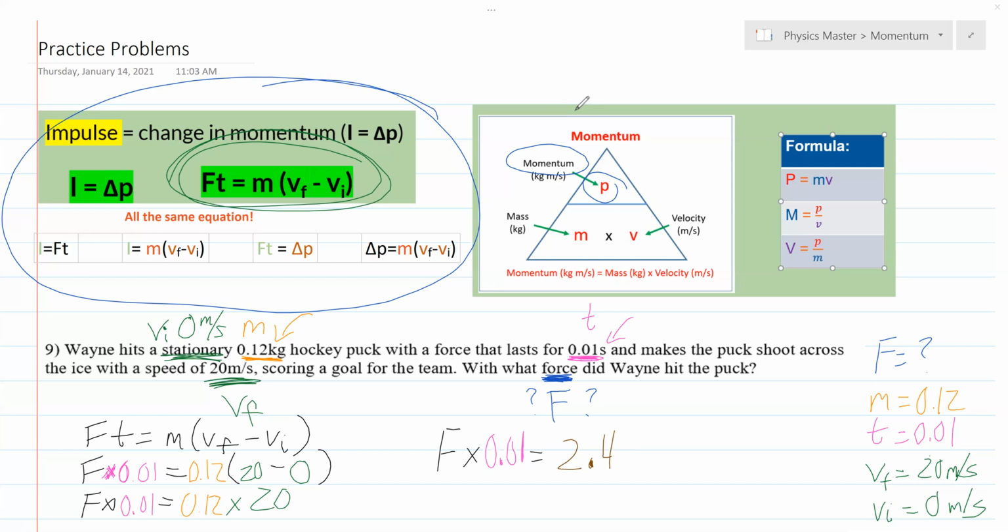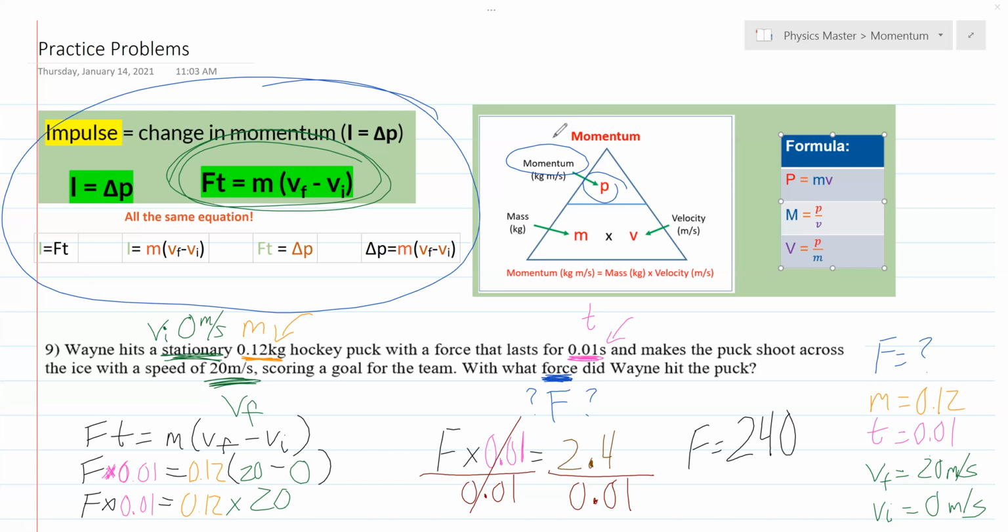So I'm gonna divide this side by 0.01 so that the F stays on the side by itself, and I'm also gonna divide this side by 0.01. And Anaya, because she's my favorite calculator, is gonna tell me my answer. 240. All right, Anaya said the number she got was 240.